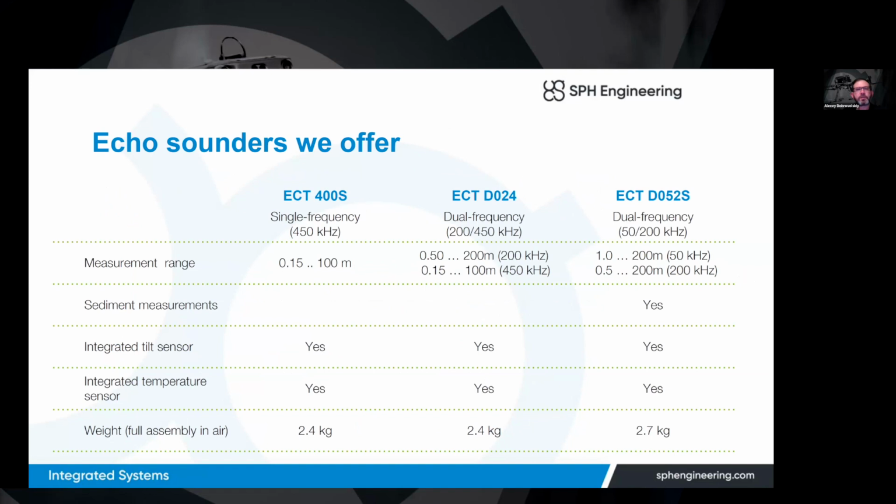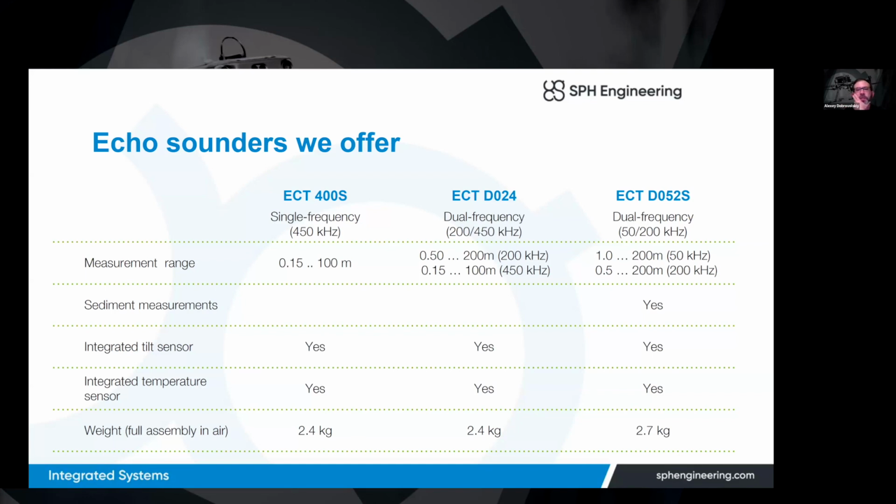By default we propose packages with three types of echo sounders. All echo sounders are manufactured by a Korean company called Ecologger. They are absolutely standard echo sounders, with no modifications for drones. The same echo sounders are used on manned and unmanned boats.